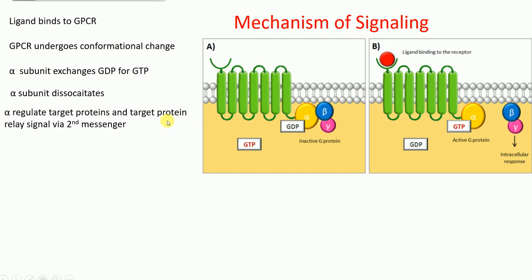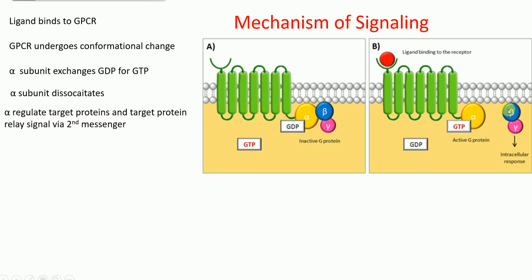And then what happens when this alpha subunit is dissociated? It regulates target proteins, and target proteins relay the signal via second messengers. These target proteins can be ion channels or different enzymes.